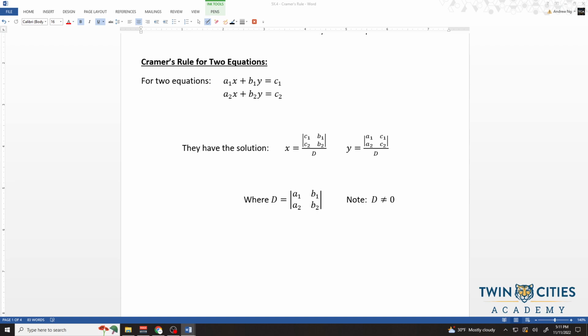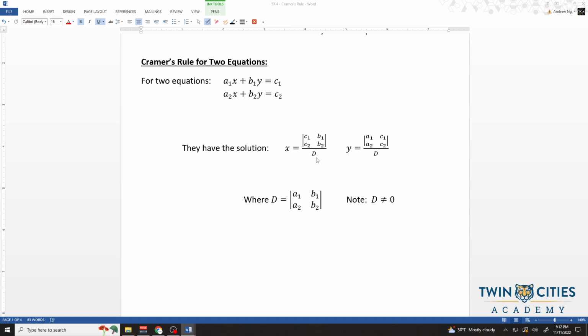So I've got to find a few determinants. x is equal to this thing here, y is equal to this thing here, but I first want to focus on this bottom part that they both share, D. D is the determinant of this matrix. We're going to make a matrix where I've got column A and column B. Again, A's are my coefficients on x and B's are my coefficients on y.